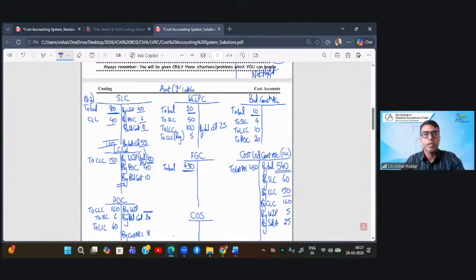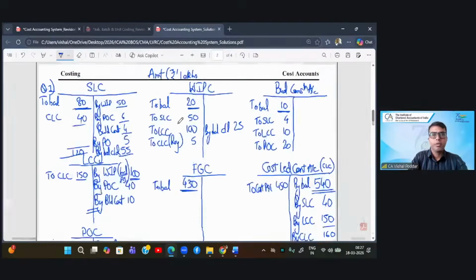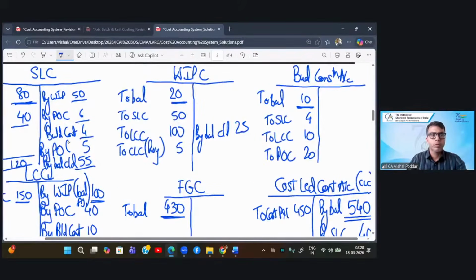Now here is 56, 60, and 55. So loss is 5. Where will this loss go? This will go to factory overheads as per their specific instruction. So this is the amount pertaining to loss. Correct?